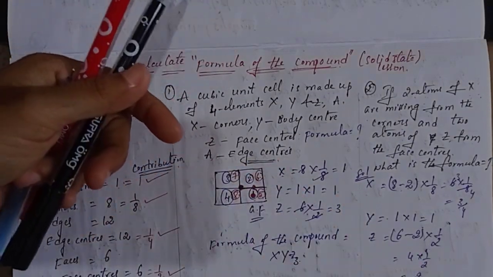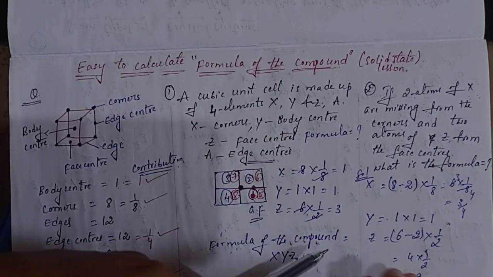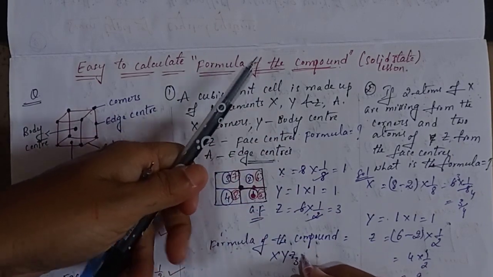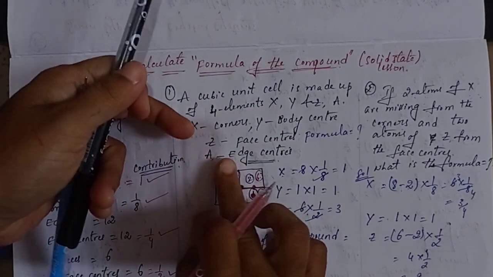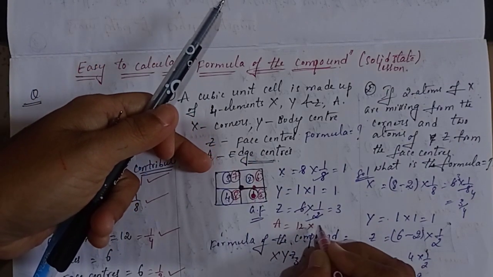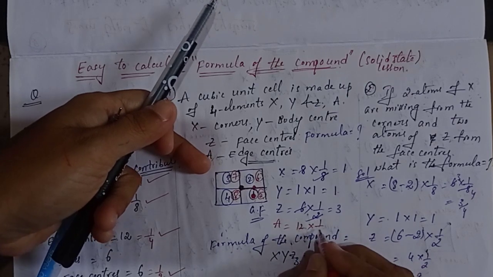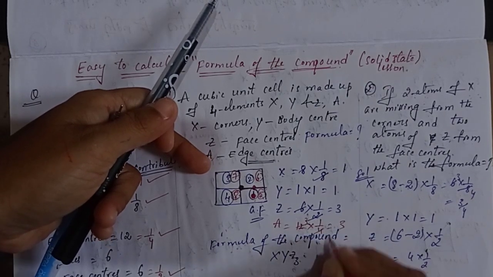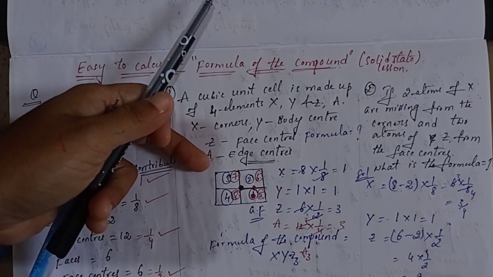So for the remaining problems also please write about A. A particles are at the edge centers, total 12 edge centers, and each edge center contribution is 1 by 4. Then you will get 3. So directly you can write A3. So this is the formula.